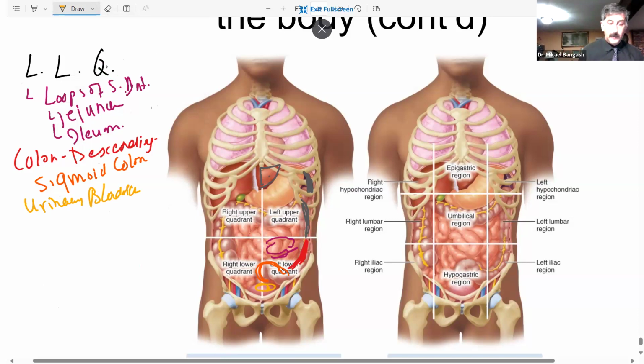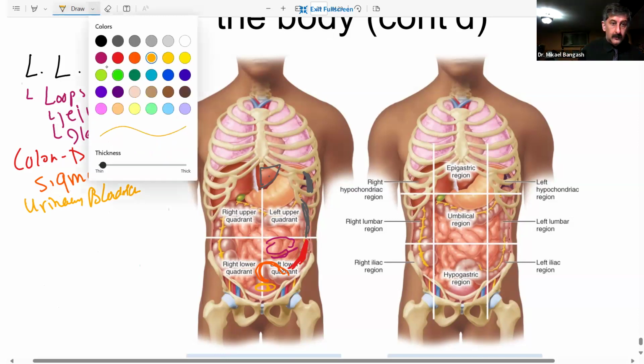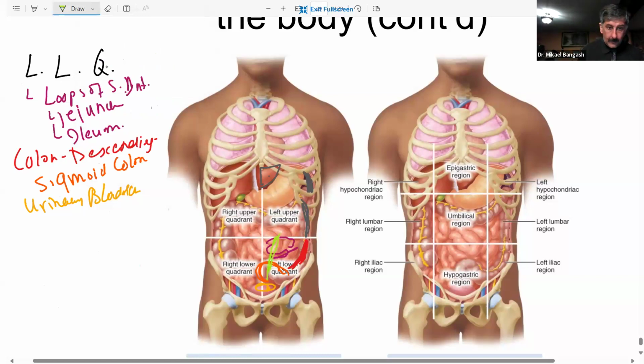Now, pretty much behind these lobes, etc., is going to be your ureter. Because it's in the left, that's going to be your left ureter.